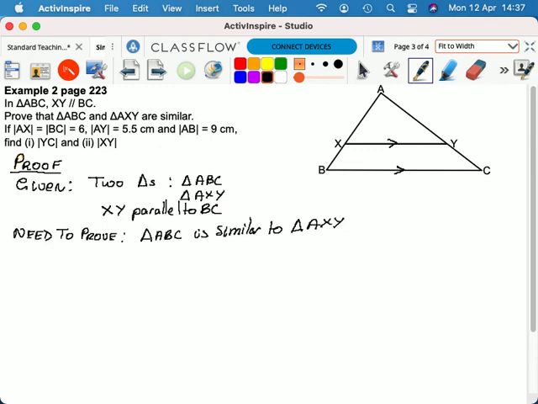in the other. Now, you don't have to do this, but when you're in an exam situation, it's actually quite a good idea. In fact, it's an excellent idea to highlight the two triangles that you are going to be focusing on. So I'm going to highlight the big one by putting round it a purple line.